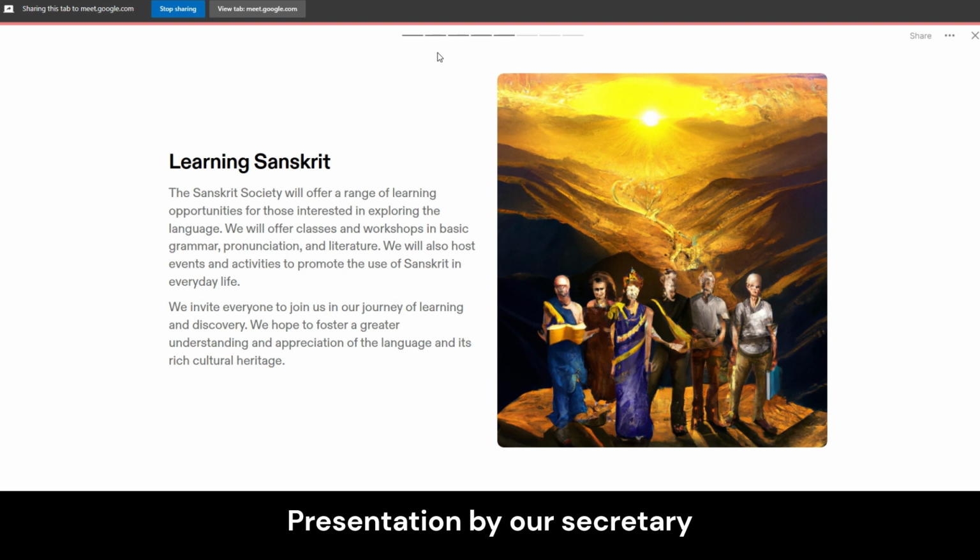So coming to learning Sanskrit, it will offer, as you can see, a range of learning opportunities for those interested in exploring the language. We have already discussed why we need to explore the language, right? So our mission is to offer classes and workshops in basic grammar, pronunciation, and literature of Sanskrit, with a mix of Hindi and English, and we are also trying to expand our language database to Telugu and Tamil too, or Kannada, Malayalam, depending on the audiences and club members.